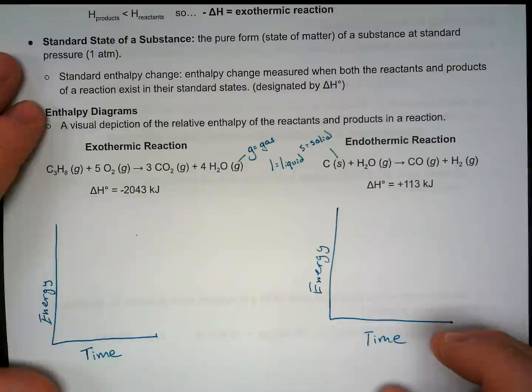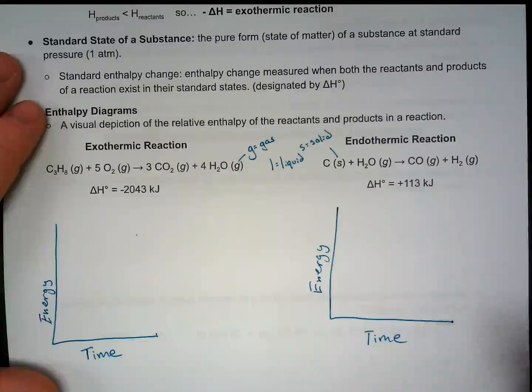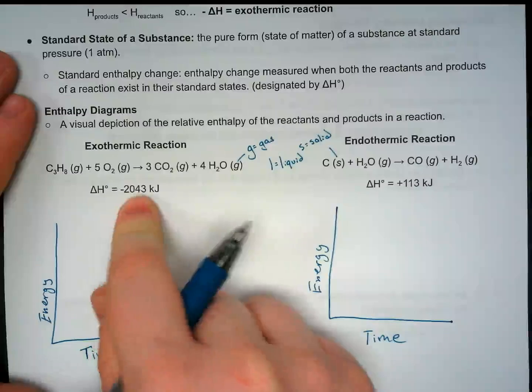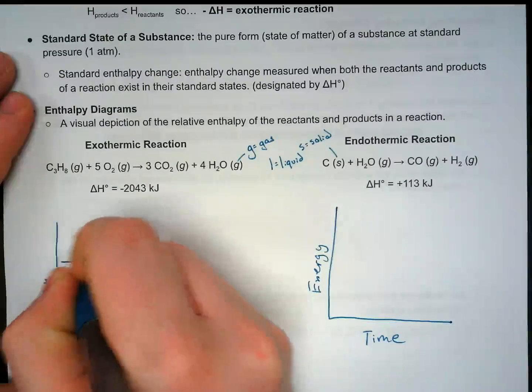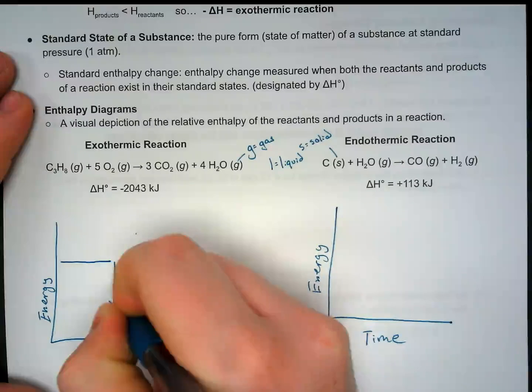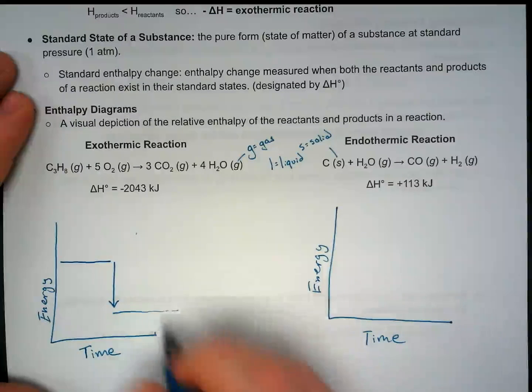What we're doing is showing that we're going from a lower state to a higher state of energy if we gained energy, or a higher state to a lower state if we lost energy. Here in an exothermic reaction, we know that we lost energy. So the way we show this is that we draw a little line here, then an arrow pointing down because we're losing energy.